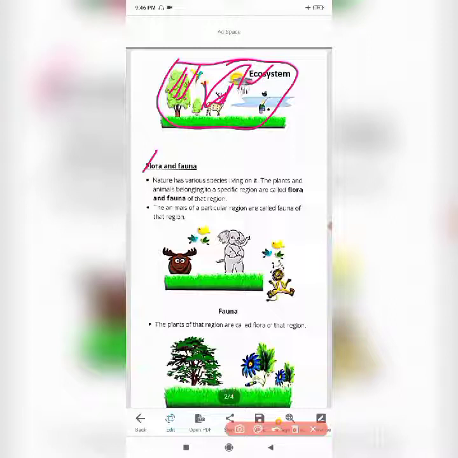So here you are looking at animals, humans, birds. So flora and fauna, these two components constitute the ecosystem, while flora, that is the forest, trees, flowering plants, crops, grassland, these are the flora.